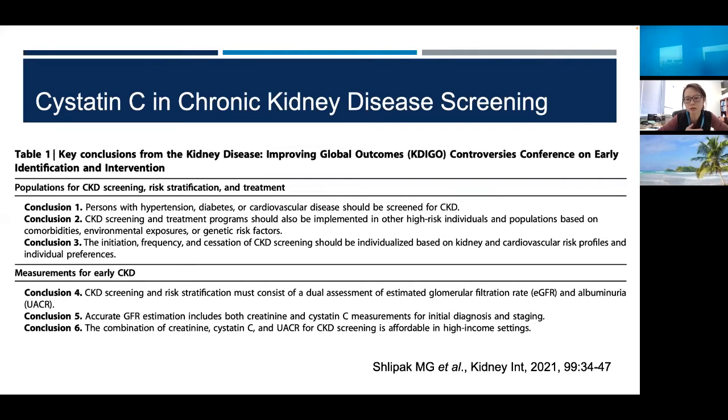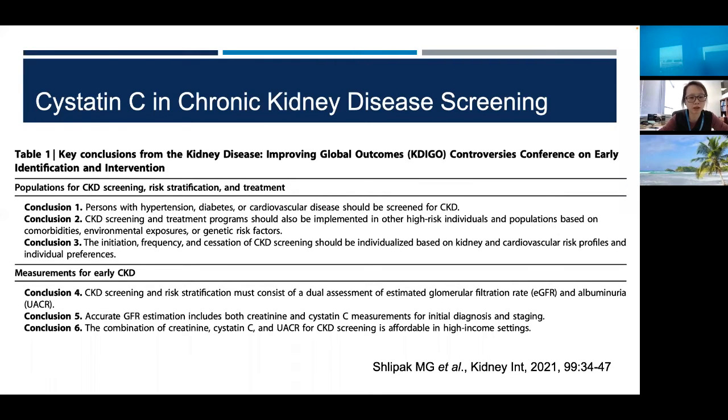This will lead to more accurate diagnosis and staging of CKD and also cause less misclassification than just using serum creatinine alone. Cystatin also has an additional advantage of offering a GFR estimate that does not require incorporation of a race coefficient. Because if you look at the CKD-EPI cystatin C equation, it really only includes age, the cystatin C level, and the gender.